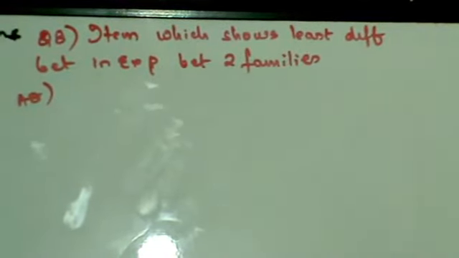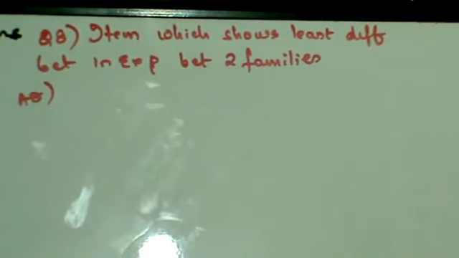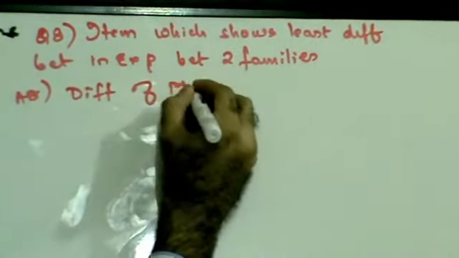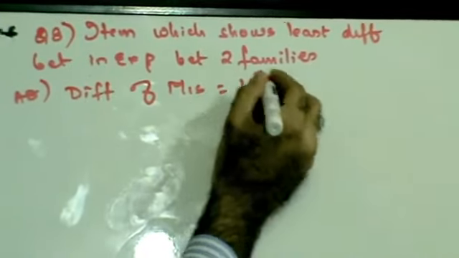Miscellaneous is 640 and 780. Difference of miscellaneous is 140.